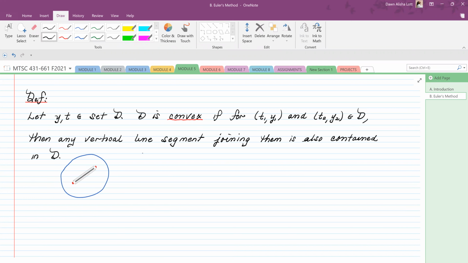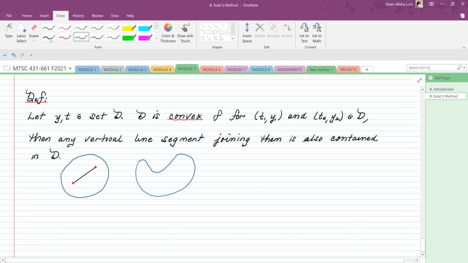Whereas something like this is not convex.